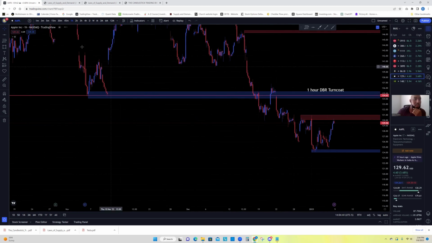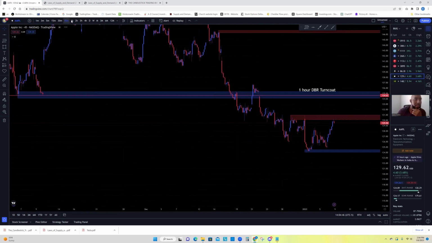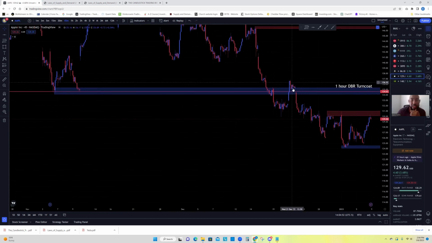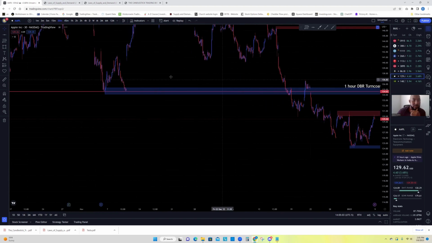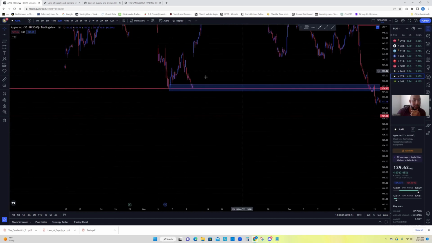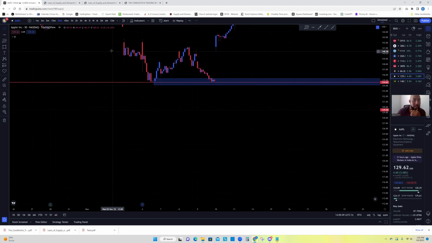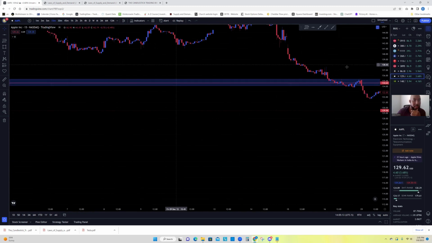Now let's go to the lower time frames. That was an hour. Let's go to the 45-minute. Again, you can see this same area working as a point of supply now. 30-minute. 15.